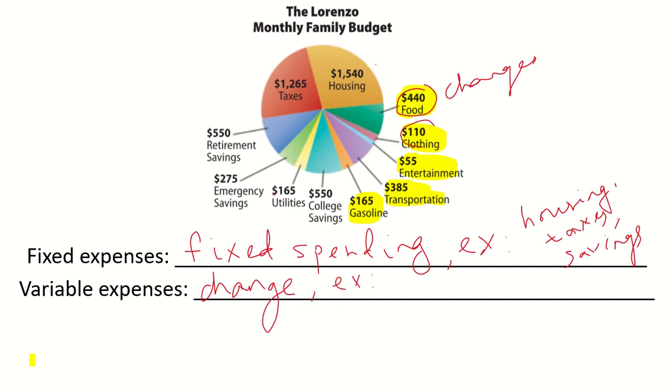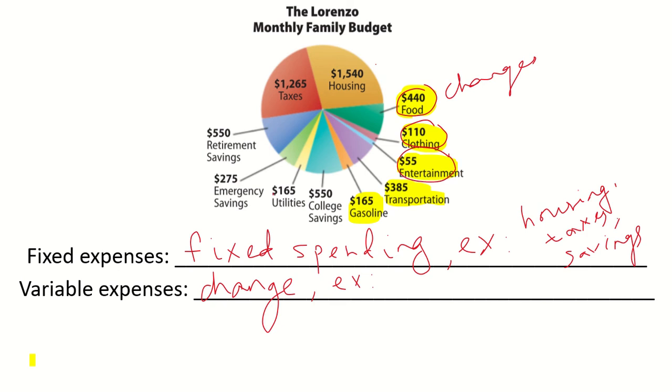Same with clothing. Do you really spend the exact same amount for clothing every month? You don't. Some months you splurge a little bit and buy a few more new clothes. Some months you don't go shopping at all for clothes. One month you might randomly need two new pairs of shoes, and so you have to go out and buy some shoes. That's a change. Entertainment, same thing.